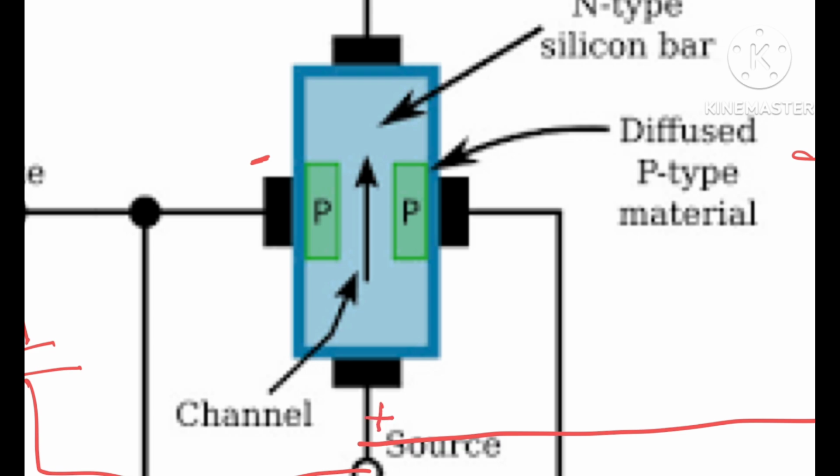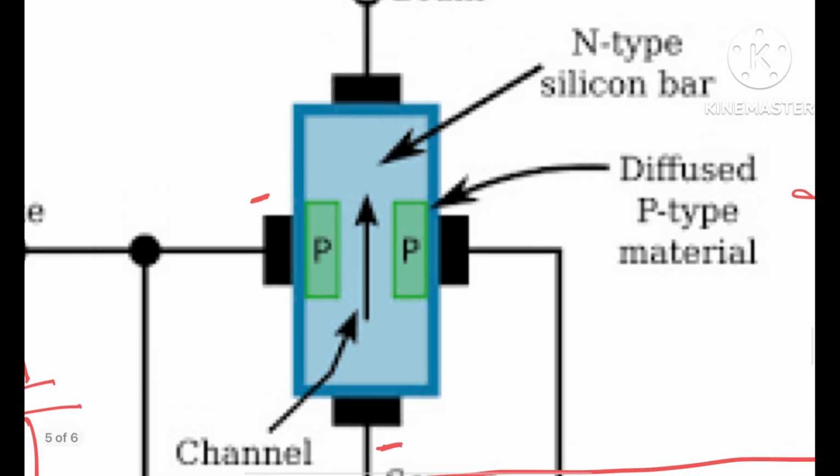Okay, what's going to happen because of that? The depletion region: now the source is also going to have a negative potential like this. The positive potential is going to be with the drain.